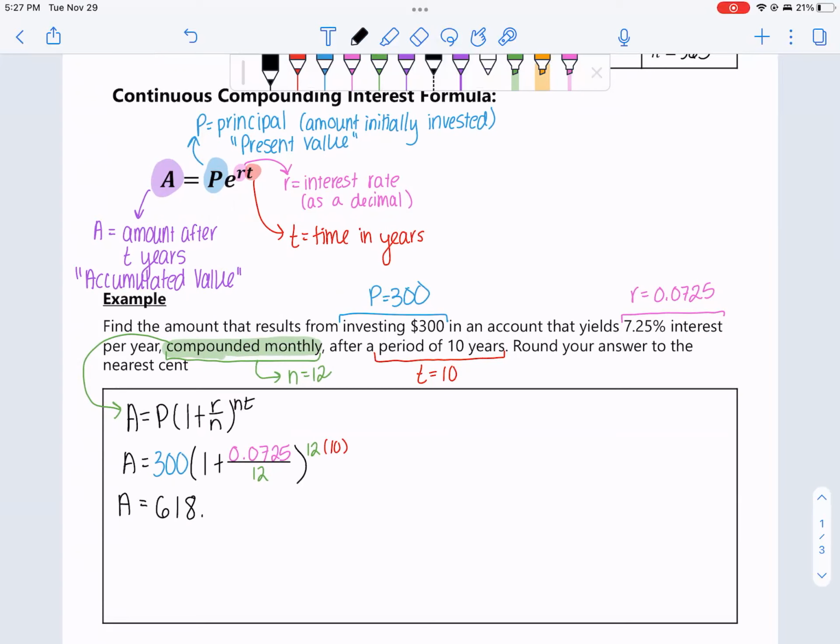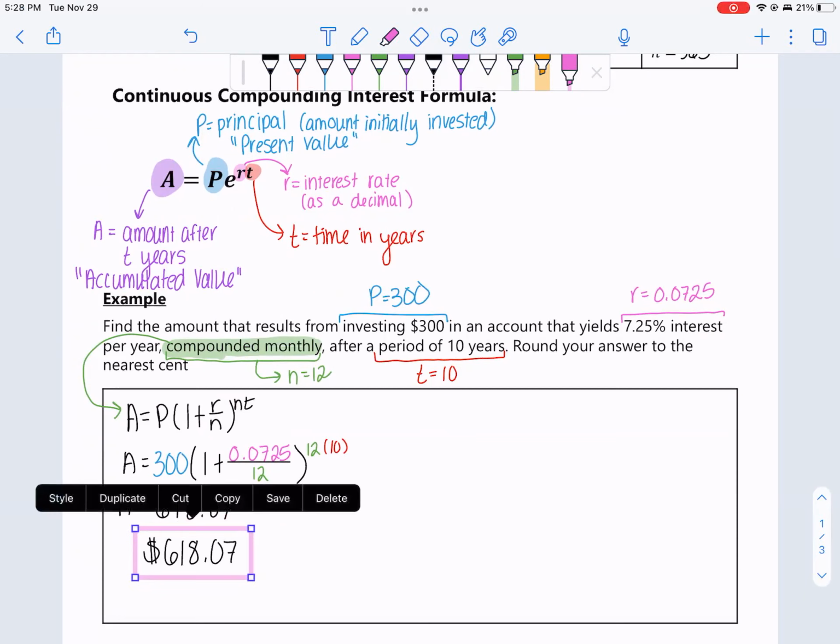It says to round to the nearest cent. That is going to be 2 decimal places. So there is $618.07 in our account after 10 years if we invest $300 at a 7.25% interest rate.